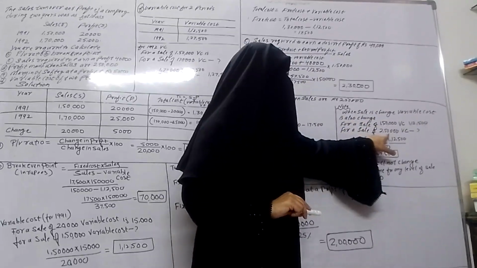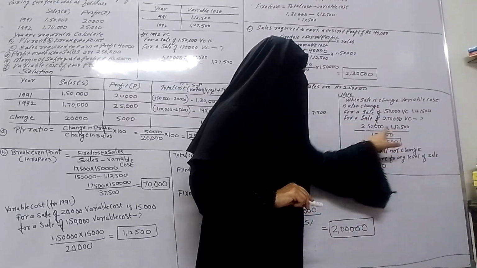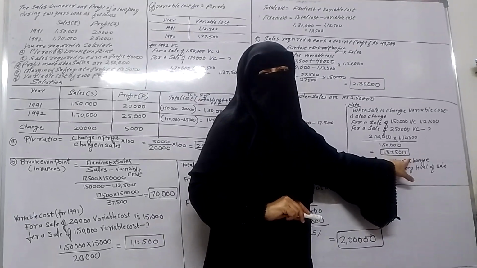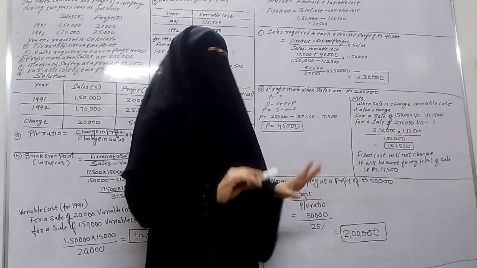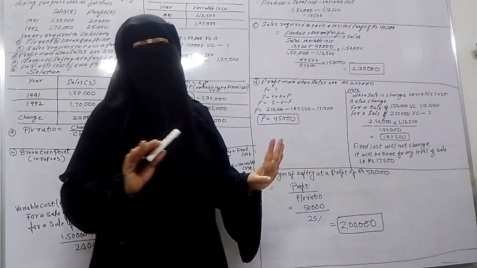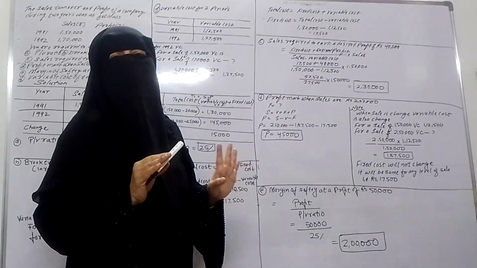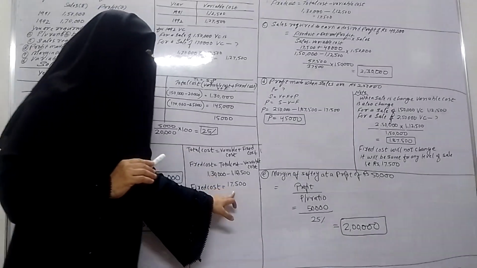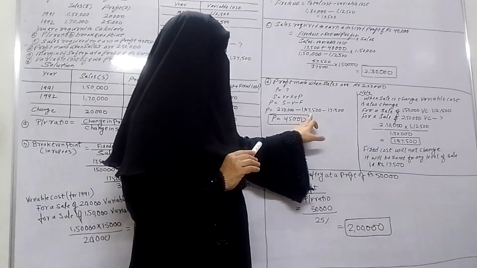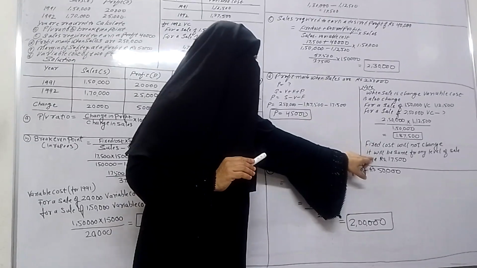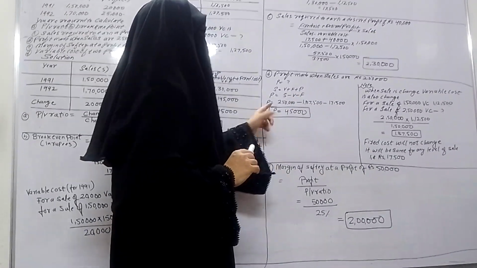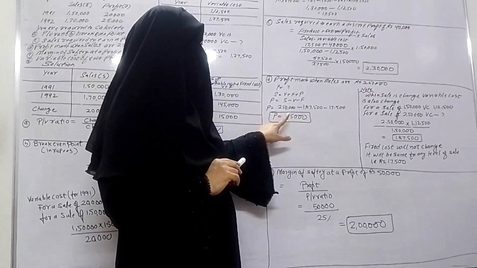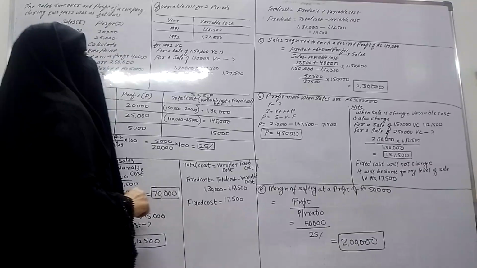For a sale of 2,50,000, the variable cost is 1,87,500. And remember students, fixed cost will not change if there is any change in the sales. Fixed cost will remain constant, and our fixed cost is 17,500. So from the sales, subtract the variable cost 1,87,500, subtract the fixed cost 17,500, we get the profit, that is 45,000.